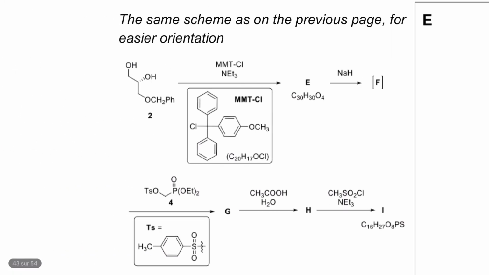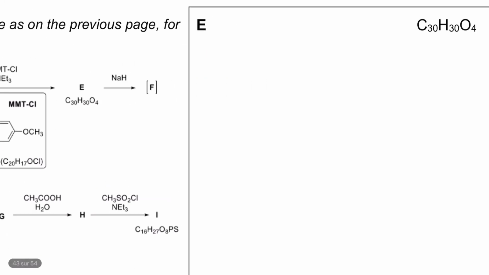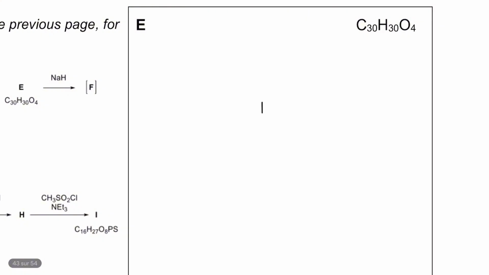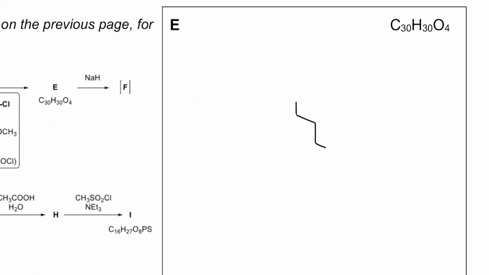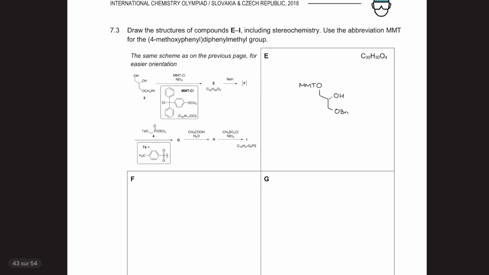So for E, we treat it with MMT chloride, and that's going to be a kind of protection. And this will be the OH, this will be the OMMT, right?